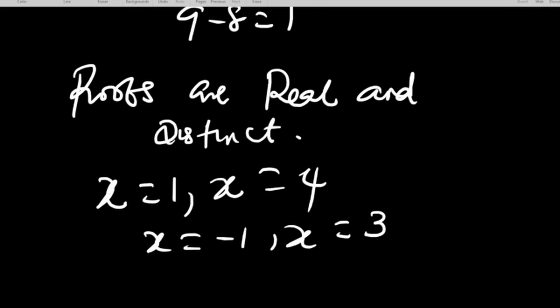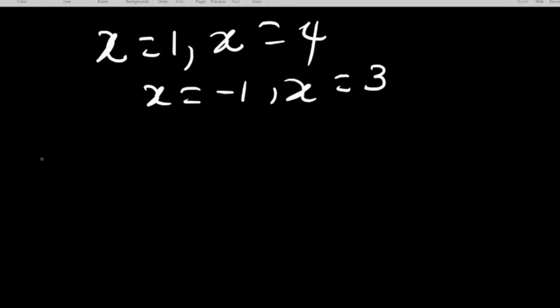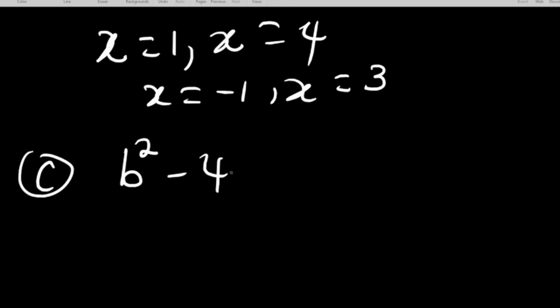For the last one, for C, we have the discriminant b squared minus 4ac less than 0. For this one, I'm going to leave it up to you so that you can do more research on it and let me know what you think about it in the comment section. Whenever you test for the roots using the discriminant and you get a negative 1, it means that the roots of that quadratic equation are purely imaginary or complex.